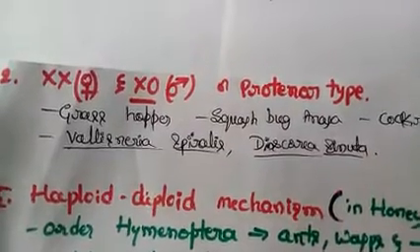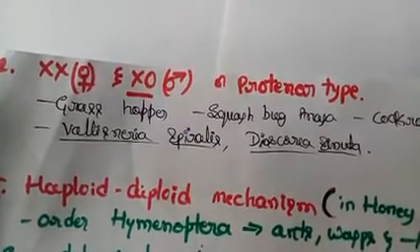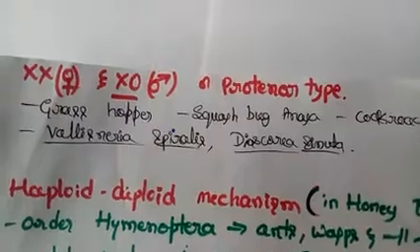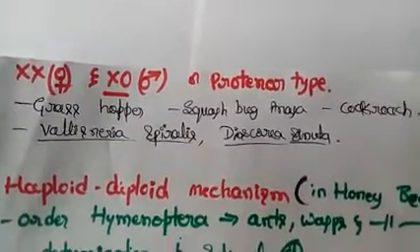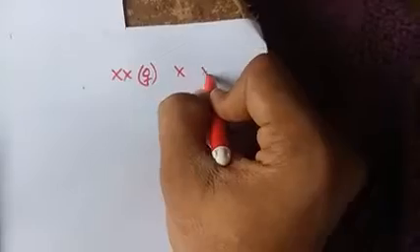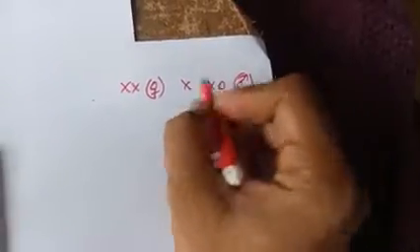Coming to another type of sex determination, the allosomic mechanism, it is XX female, XO male. Here the XX female is crossed with the XO male.